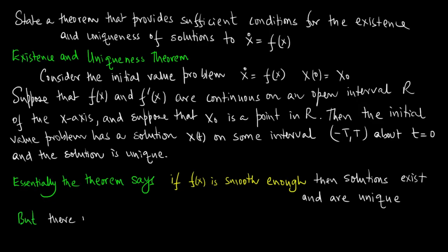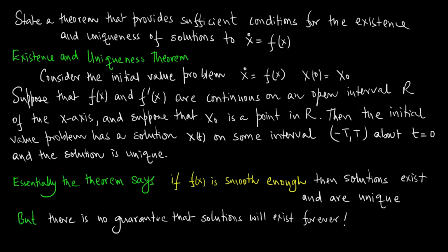But there is actually no guarantee that the solutions will exist forever. Now this is a really important point to remember. So we are talking about the existence and the uniqueness of the solution, but remember that at this point of time we may not be able to guarantee that the solution will actually exist forever. It may only exist for a short period of time.